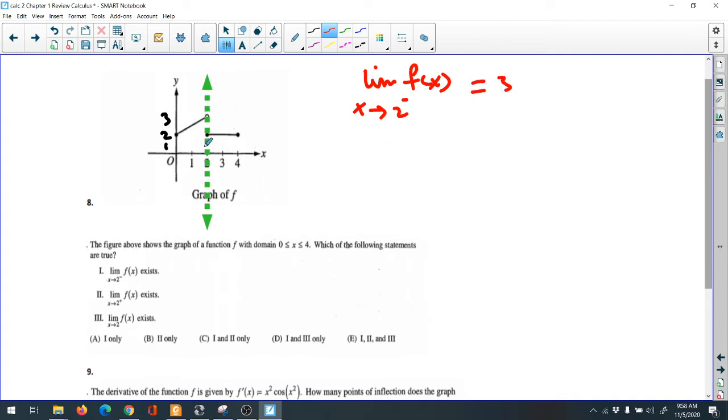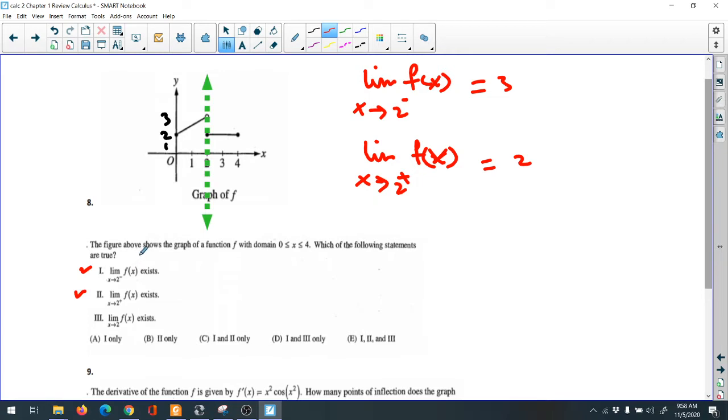And from the right side of this vertical line, when x approaches 2, y will be 2. So the limit of f of x when x approaches 2 from the right side is 2. The limit from the left side exists and from the right side exists.